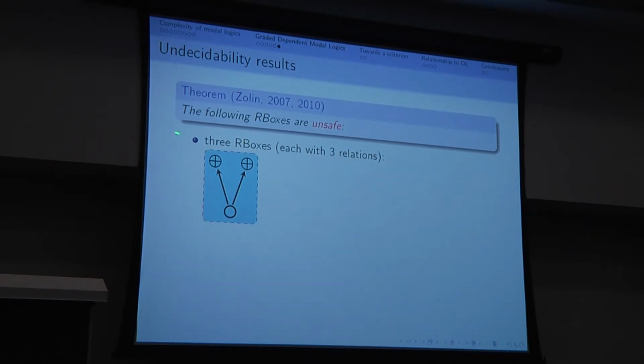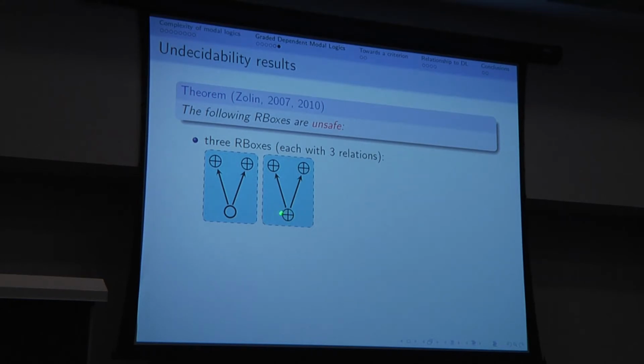The third one implies the first and the second. And the language is the graded modal language with these 3 modalities. Then the problem of global satisfiability is undecidable, which is why I call this term unsafe. So this RBox is unsafe, which means that the problem is undecidable.